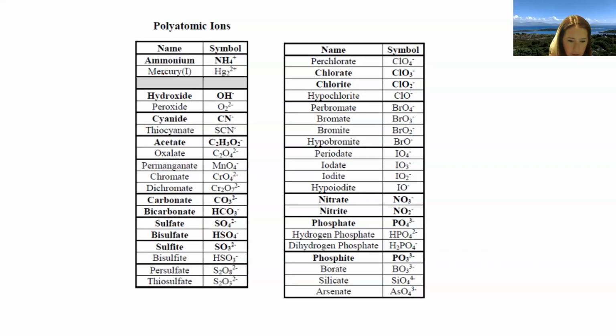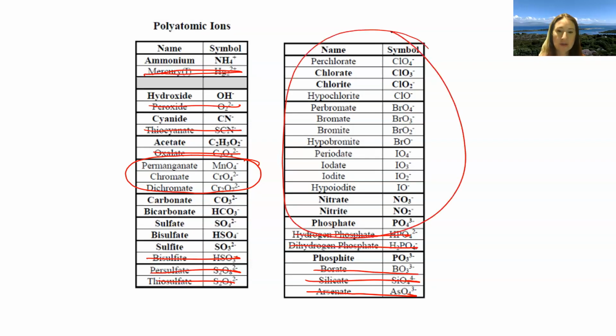You definitely don't need to know peroxide, we don't use thiocyanate, oxalate. These we do use often. We don't use these, don't use that one very often. But the rest of these you can use on a sliding scale.